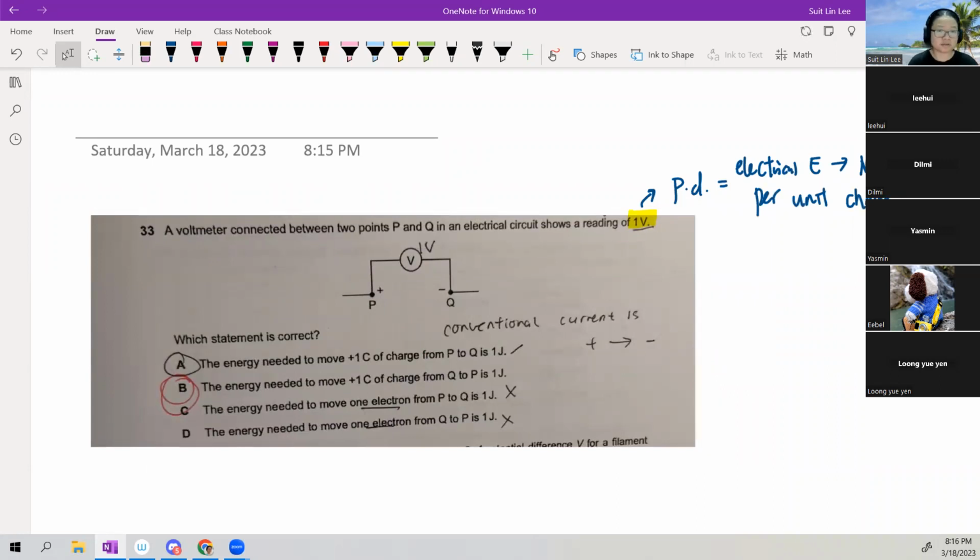So based on this, I can tell that it has to be moving 1 coulomb of charge, so definitely not 1 electron. Per unit charge means per coulomb.